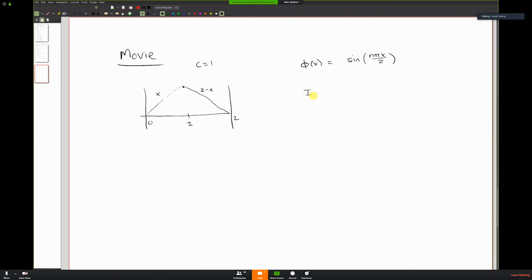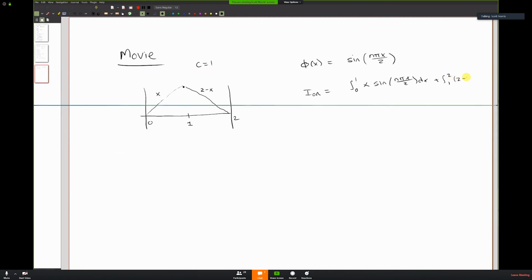And so my I0 sub n, how do I calculate the coefficients for this initial condition? I have to split my top integral into 2 pieces since my function is discontinuous. I have 0 to 1 of x times sine n pi x over 2 dx plus the integral from 1 to 2 of 2 minus x, and I'm running out of room.